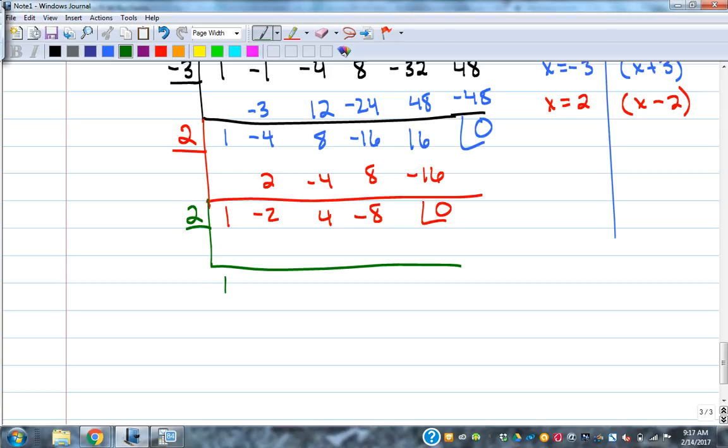So that's how we recognize that. So that's 2, there's 0, and then 0, 4, and that's 8. There's a remainder 0. Hey, now I've got it down. I got x equals 2 again, and that factors x minus 2. And I've got x squared plus 4 left over.